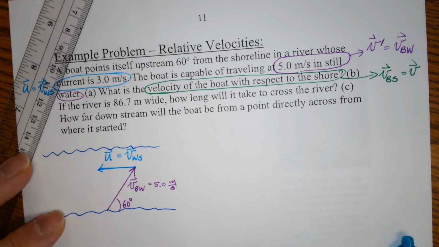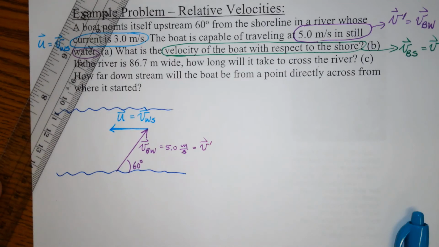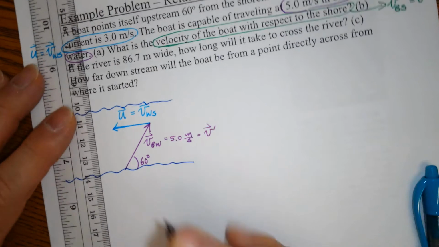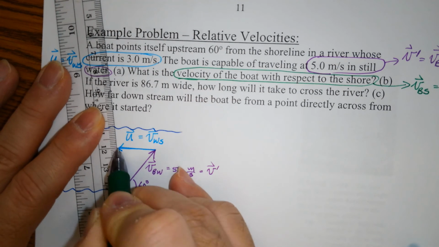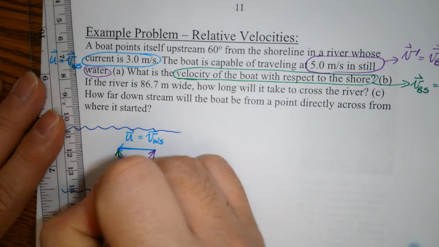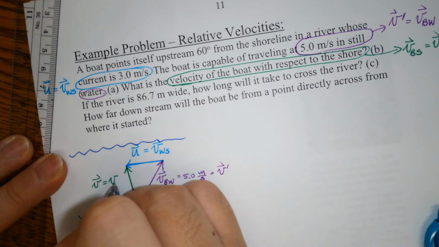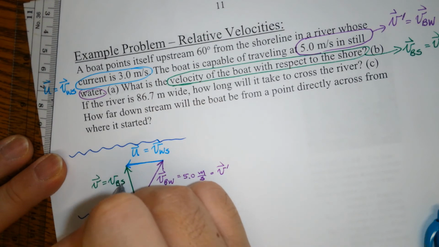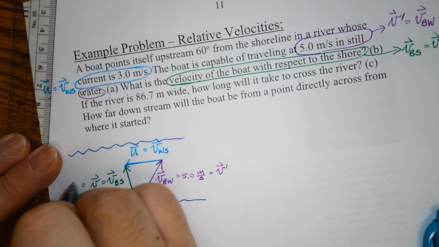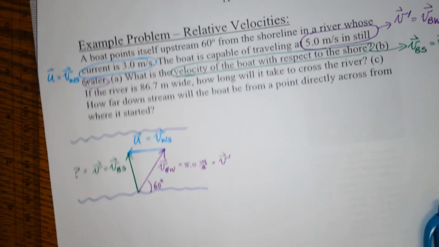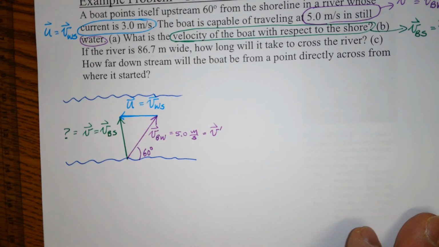Or simply, this is V prime. They want to know what the V is, or simply V boat with respect to shore. They want to know what that is. Okay?